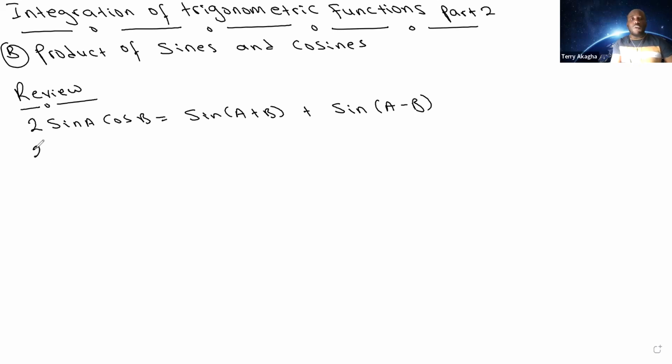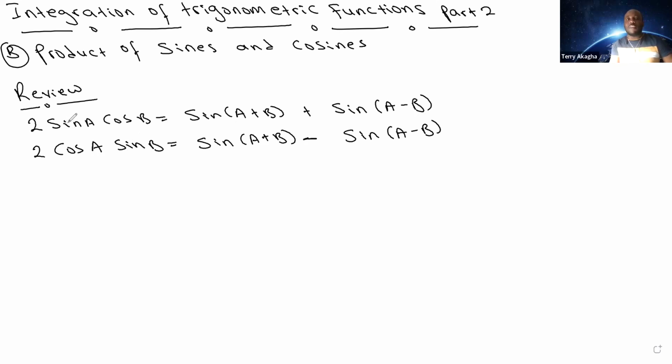The other one is 2 cosine A sine B, and that will give you sine(A plus B), but this time, because the cosine is first, it's going to be minus sine(A minus B). So if the first function is a sine, it's going to be positive, but if it's cosine, it's going to be negative.